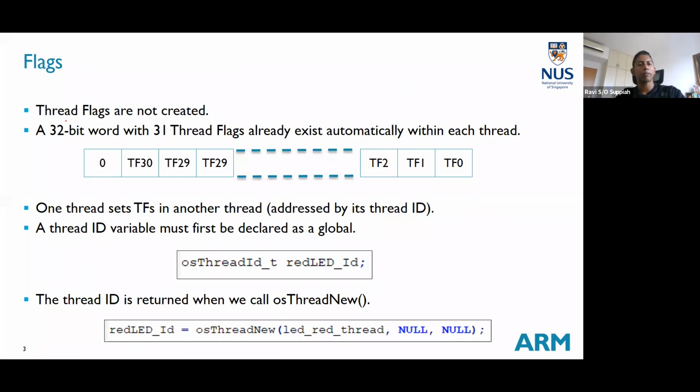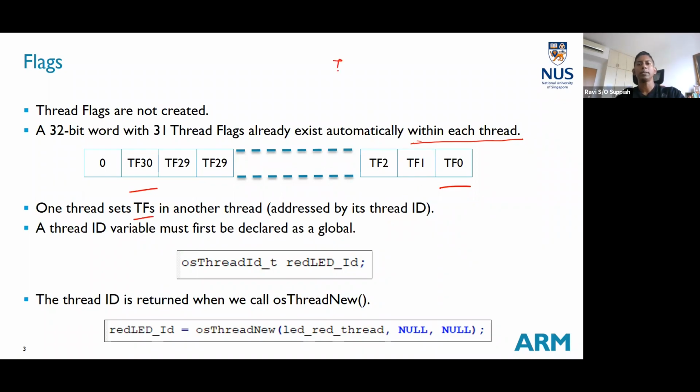These thread flags are already automatically pre-built within the thread, so you do not need to explicitly create thread flags. When you create a new thread, it already comes with flags. Each thread has 31 flags, from 0 to 30, and another thread can set the thread flags in some other thread.